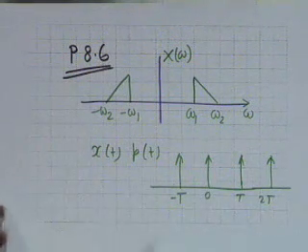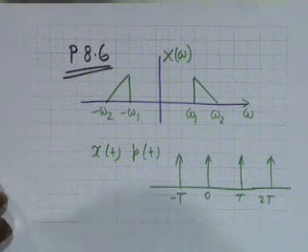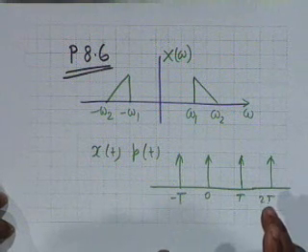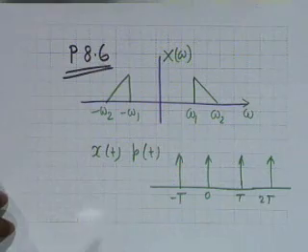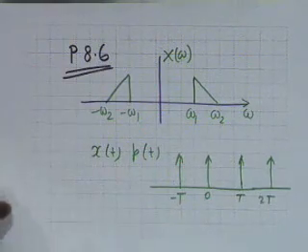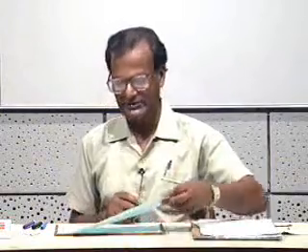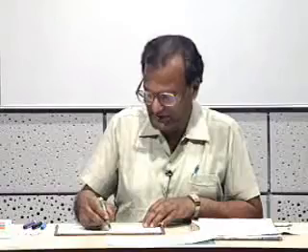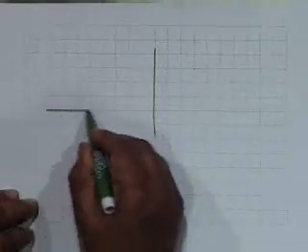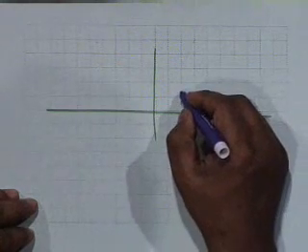We don't know what capital T is. Let us see what capital T should be. Let us try to find some restrictions on capital T such that we can recover the original spectrum. Capital P of t is the sampling function. Now, if I multiply x of t by p of t, the spectrum becomes like this.